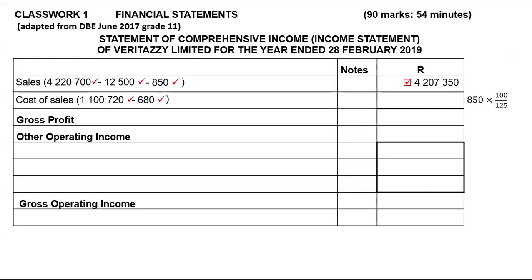Let me just calculate sales and calculate cost of sales and then calculate my gross profit. We will record it under other operating income as trading stock surplus. Remember to show workings in brackets. You will get marks for that. And your income will be 1,500.